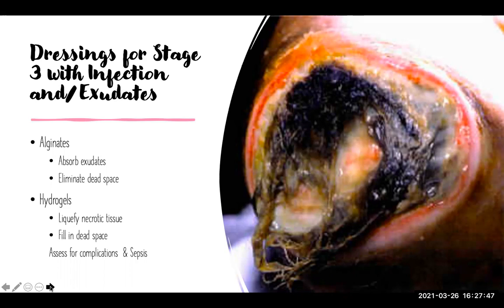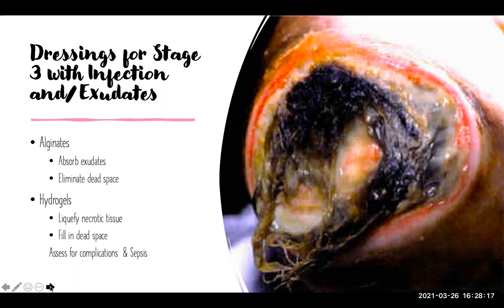Alginates look like cotton. Okay, that's how I'm going to describe it to you. So it's a dressing that's made to absorb a lot of discharge, and it fills in the space that needs to be filled. Hydrogels are used when we have a lot of sloughing or necrotic tissue, like eschar tissue that we need to break down and get rid of.